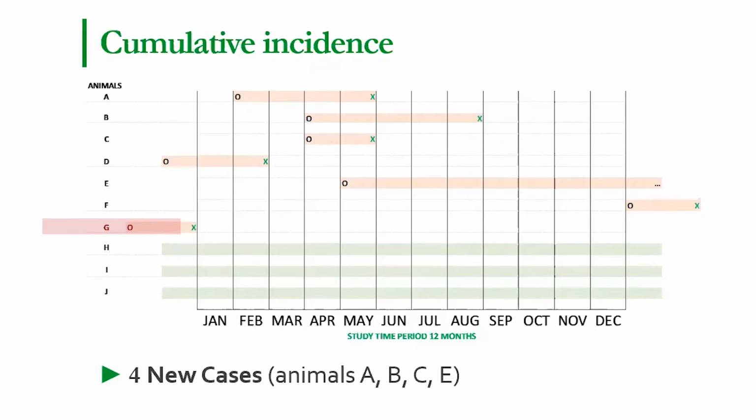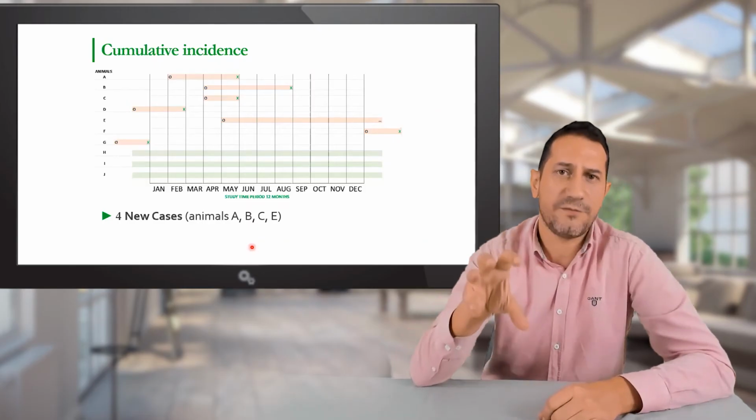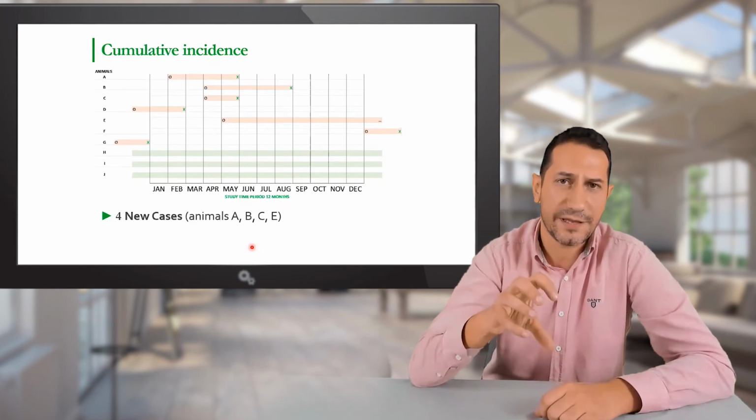So it doesn't count as a new case as well. So we have also animal H, I, and J, which never developed the disease, so they are not cases. So in total we have 4 new cases, animal A, B, C, and E. And this forms our numerator.